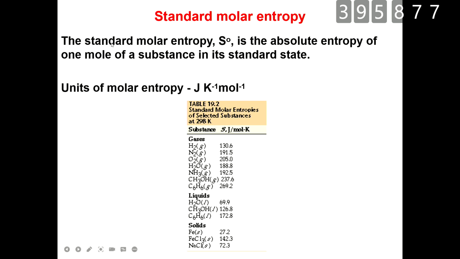The standard molar entropy we write as S°. Standard here means the pressure is 1 atm and the temperature is 25 degrees, which is 298 Kelvin. In this state all substances have their own standard molar entropies, and the unit is this.